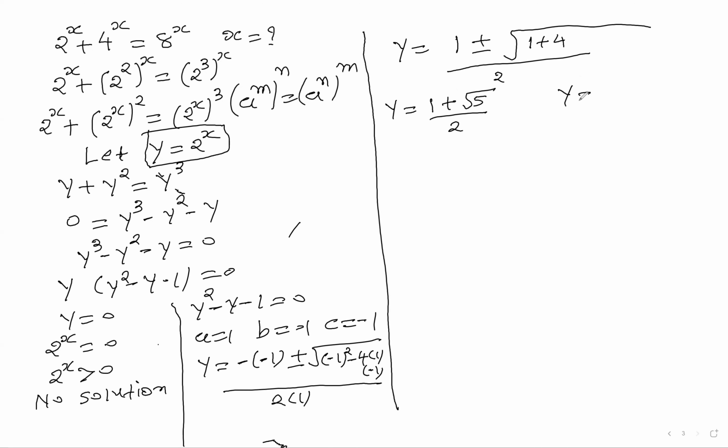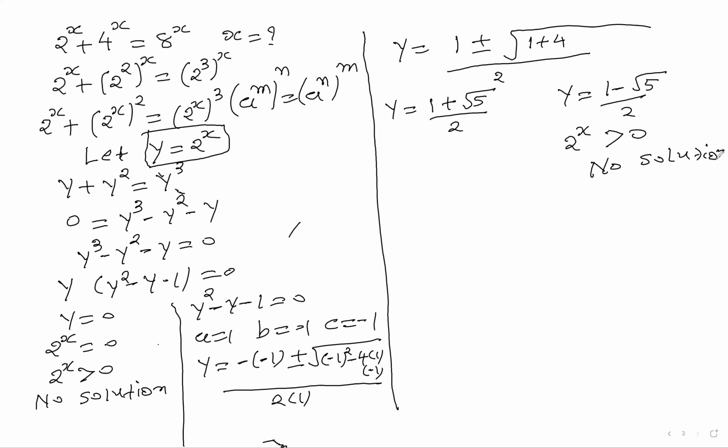And my y value is 1 minus root 5 over 2. But this value, 1 minus root 5 over 2, is a negative value. So 2 power x must be greater than 0. So this value we cannot consider. So this value will not give us any solution.